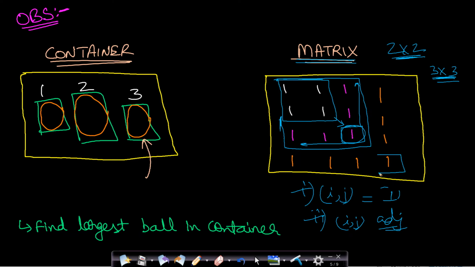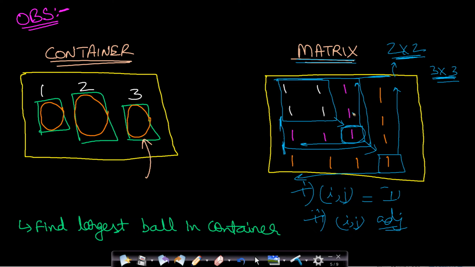Similarly, if we are at this one, can we extend this square matrix? Yes, it is possible, because this is adjacent to the square matrix which we had already found, and this entire part is 1 and this left side part is 1 up to this length only. We do not care about the values behind this, because it will not form a square matrix in this case. So this can also be extended.